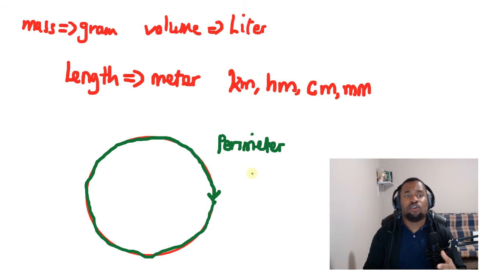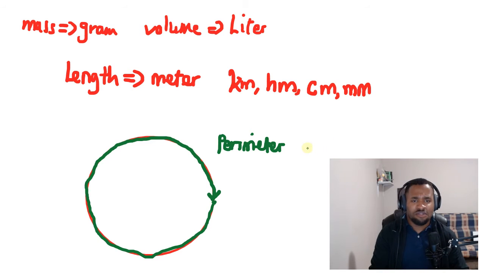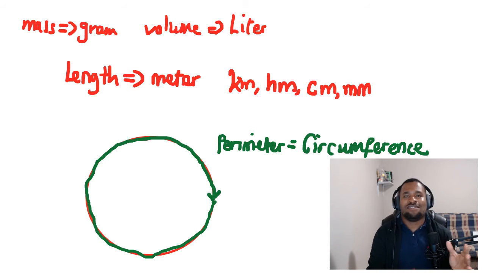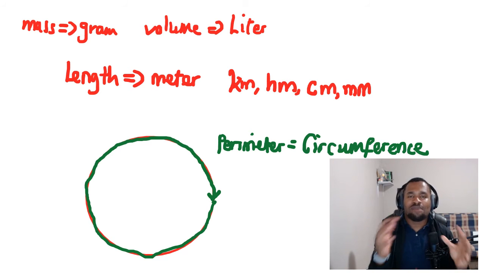Now in a circle we also express perimeter as a familiar term, which is called the circumference. And the circumference, take note, fence is like the outer, and circum is like a circle. So think about it that way.